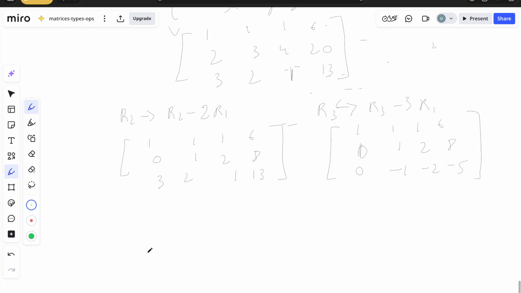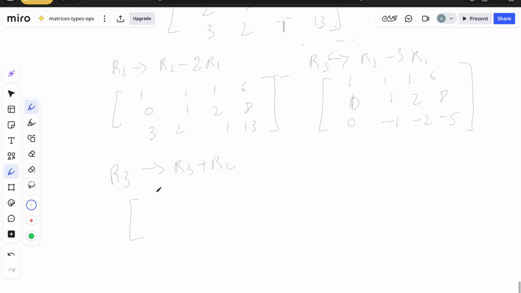Now here again, R3 gets reduced to R3 plus R2, which will give us 1 1 1 6, 0 1 2 8, and 0 0 0 3.